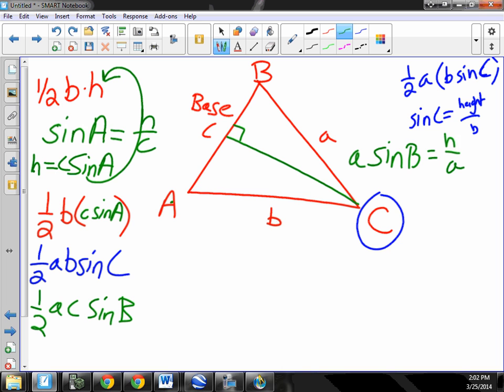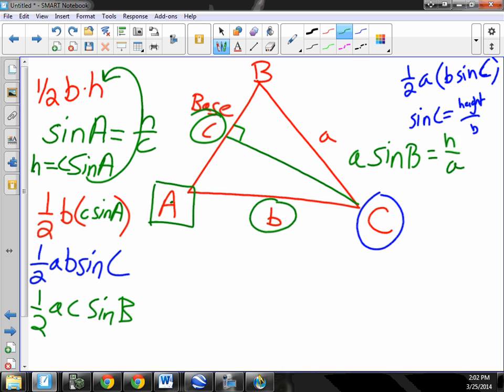The two sides that create the angle, or the two adjacent sides, which is kind of strange because in a right triangle, one of them would be a hypotenuse. Well, unless you were talking about the right angle. So if I know angle A, then I need to know C and I need to know B. And I could do 1/2 C times B times the sine of A, and that would give me the area.